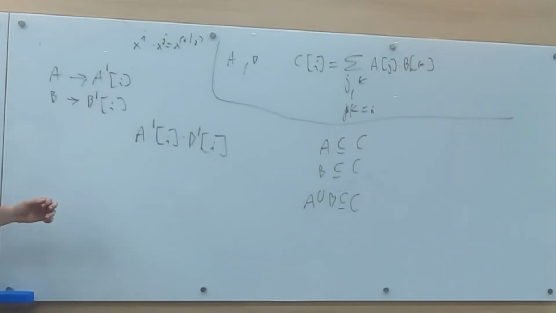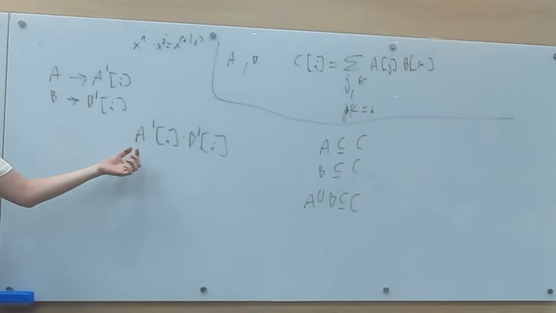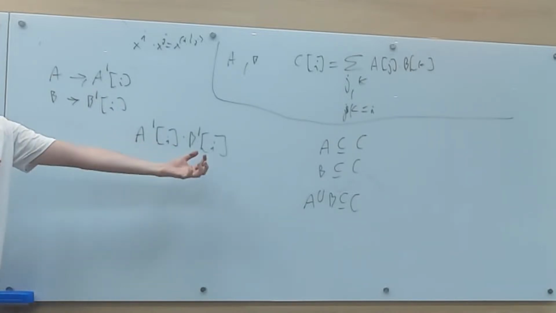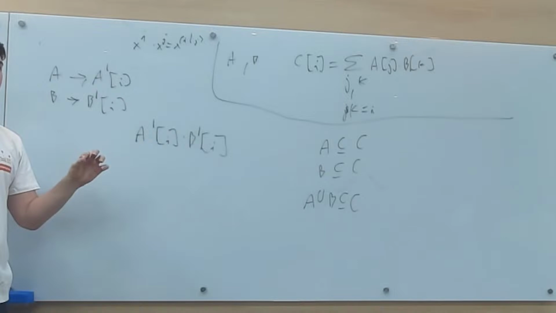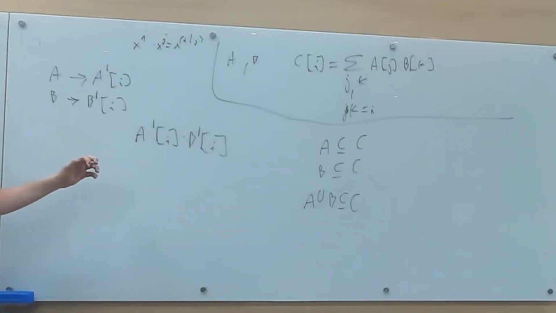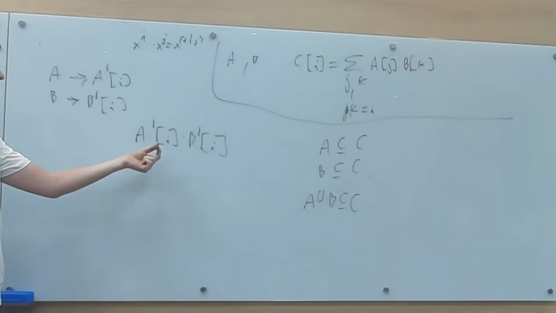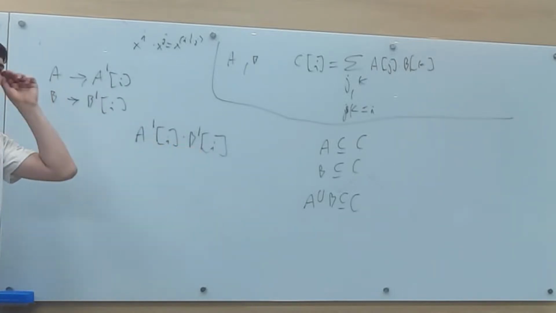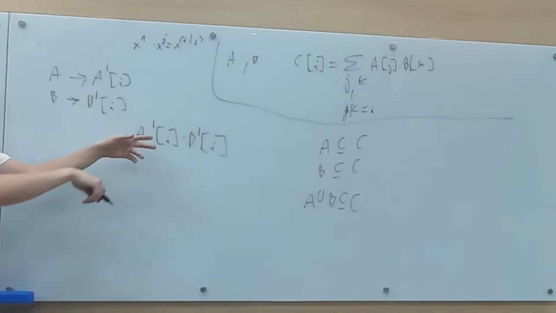Now what I'm saying is that those are the only choices such that if we choose something from A and something from B, their OR will be a subset of I. Because if we choose something which is not a subset of I in either of those, then their OR will go out of I, right?